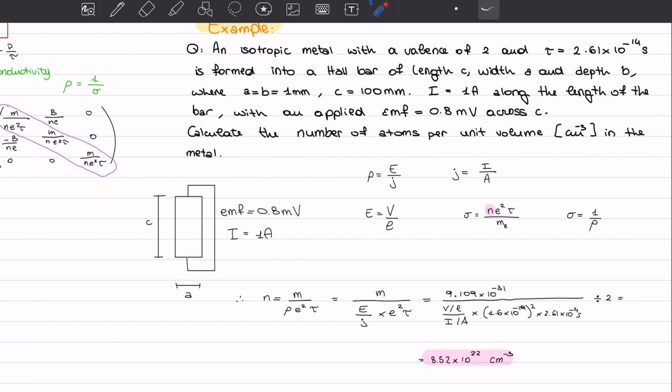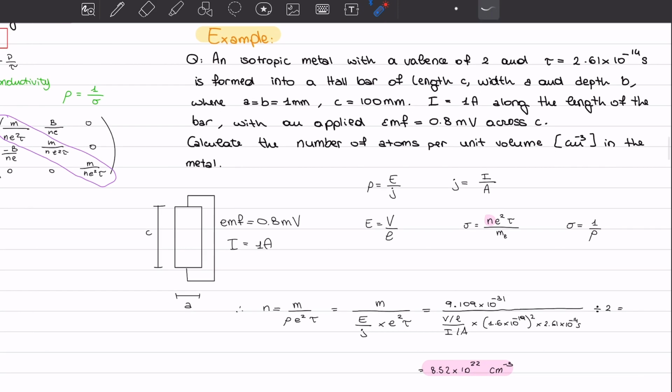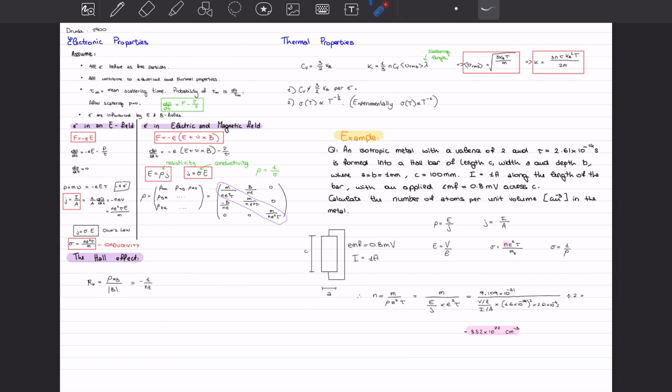So when we see that we have the conductivity term, and then we have the scattering time and a bunch of other things, immediately I jump to this equation, which again is the inversely proportional relationship of the conductivity, so it's 1 over resistivity. Now the resistivity we also know from the equations that we derived earlier: the electric field is equal to resistivity times the current density.